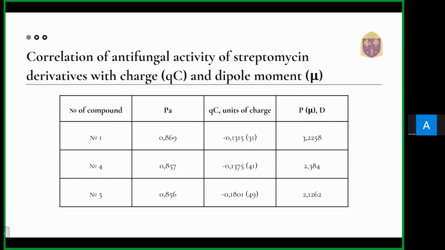And the next one is antituberculosis activity. All of these models of streptomycin show antituberculosis activity, and the strongest are number 2, number 4, and number 5. And there's also this pattern that activity increases with the charge and the dipole moment values.